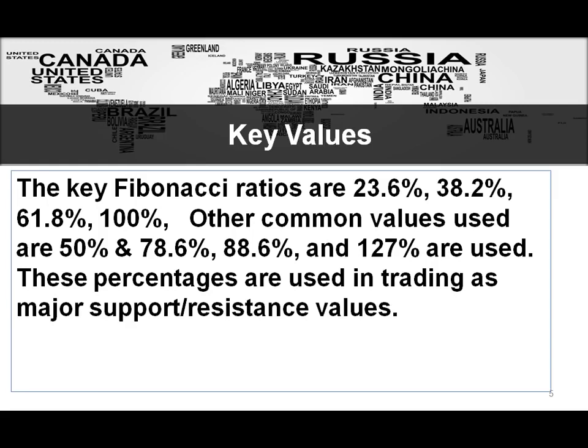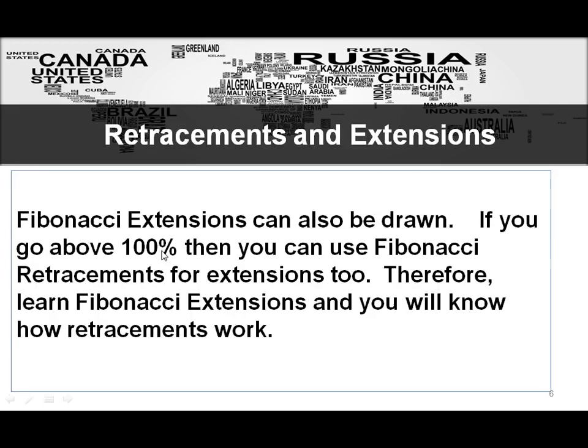Other key values are 50%, 78.6, 88.6, and 127. Now, these are percentages. Sometimes you may see them in decimal form, so this may look like 1.27, this may look like 0.886, this may look like 0.786, and so forth.